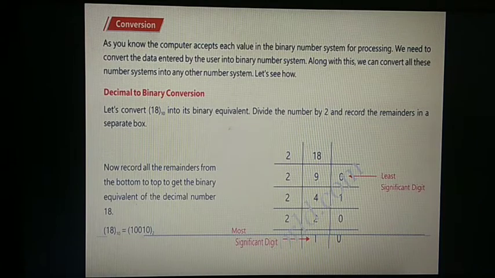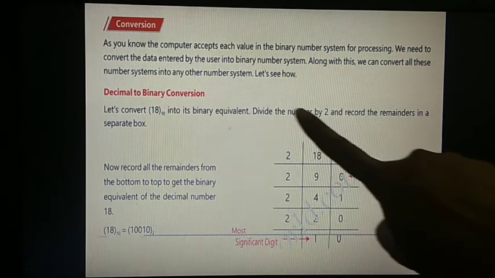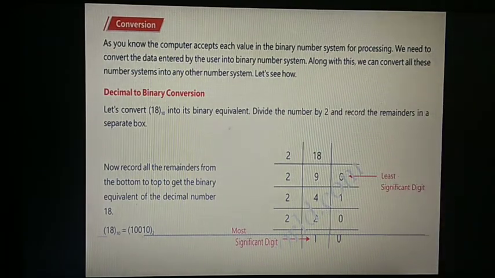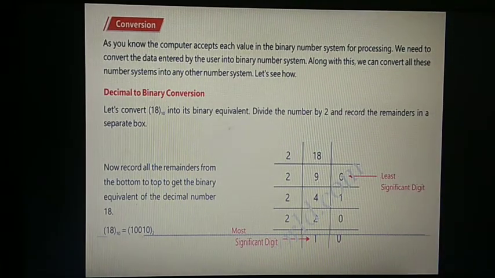So how will you convert into the binary number system? By dividing the number by 2. Why 2? Because the binary number system has the base 2. The binary number system works with only 2 digits.